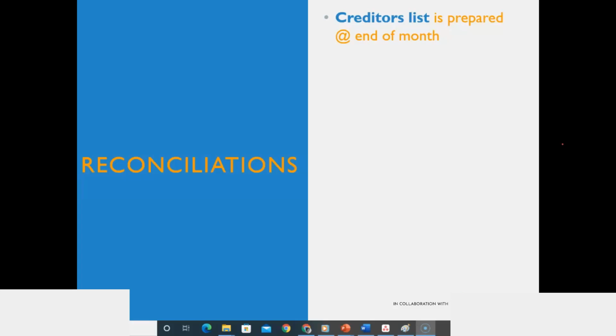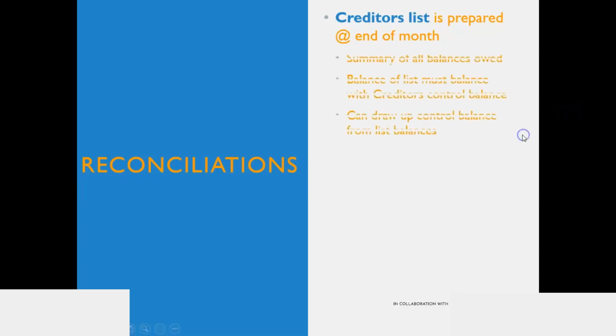Okay, so basically here it's a summary of all balances we owe, right? All balances owed. The balance of the list must balance with the creditors control balance. We can draw up a control balance from the list balances.